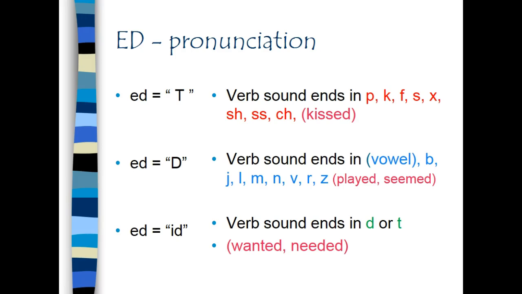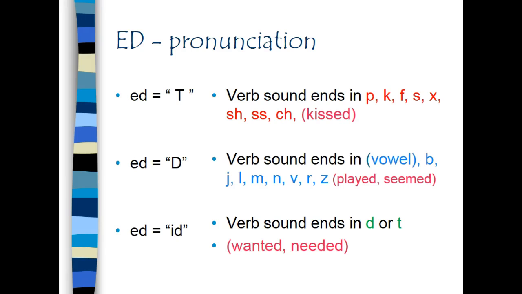For the pronunciation of ed, there are some basic rules. If your verb sound in the base form ends in P, K, F, S, X, sh, s, ch, then we pronounce the ed as a T sound. So, for example, this verb, kissed, we say kissed.